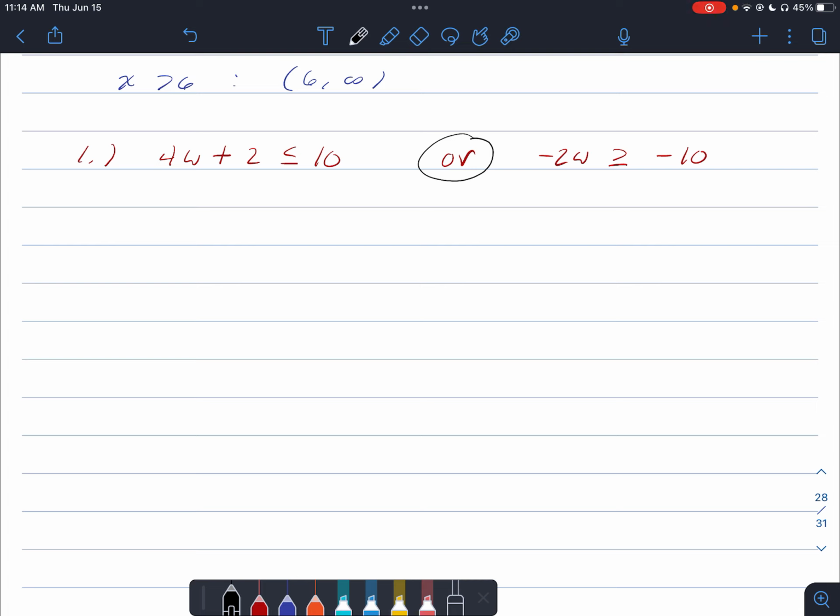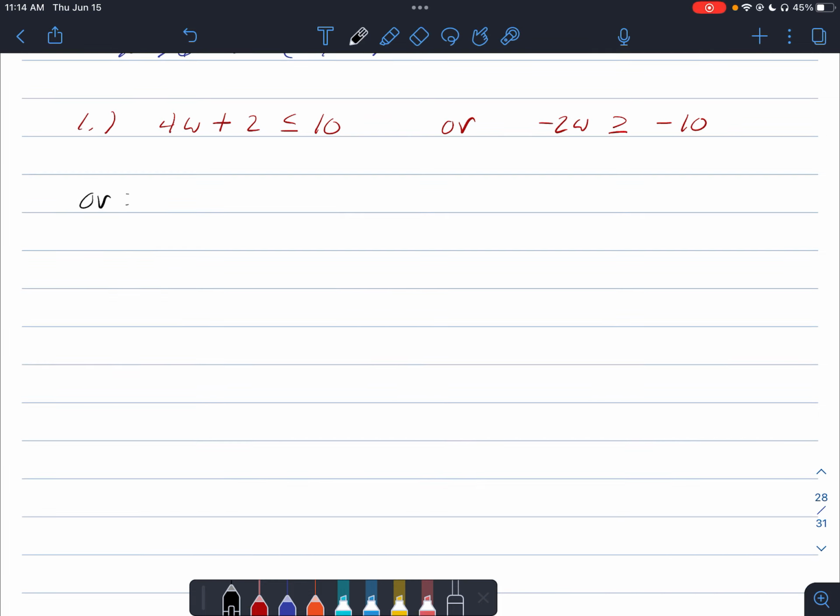Okay, if you have the word or, this implies that you are looking for all values that satisfy either inequality.